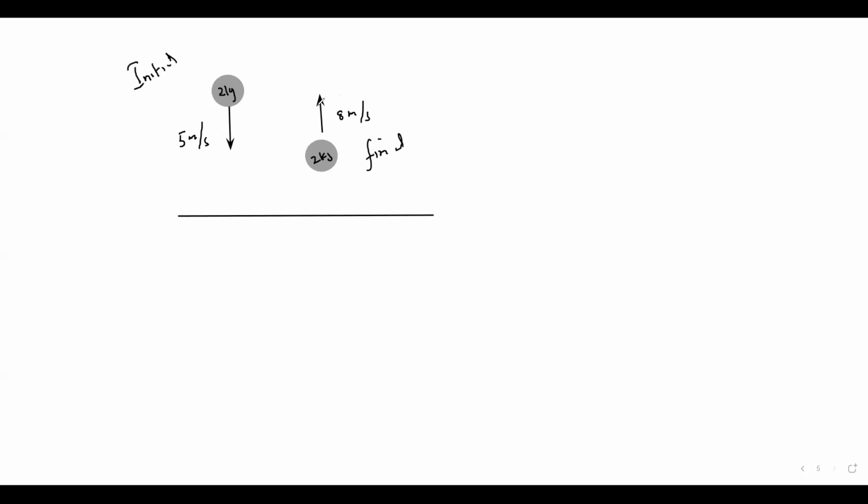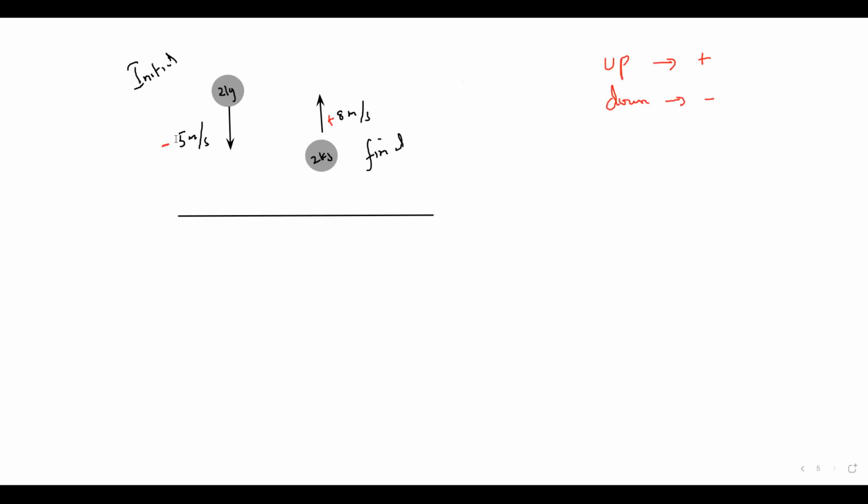It's up to you which one you want to take as positive, and the other one will be negative. But to make it easy, always try to take the final direction as positive, so the initial will be negative, and it will make the calculation easy. So for example, because the final is upward, I took upward as positive, so the downward direction will be negative.